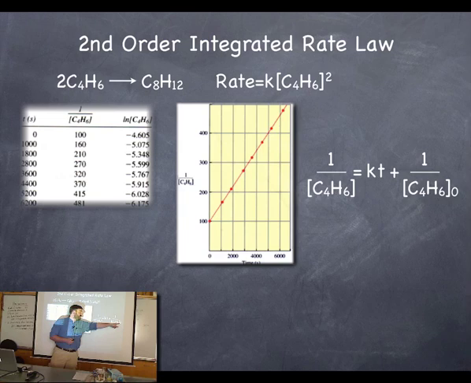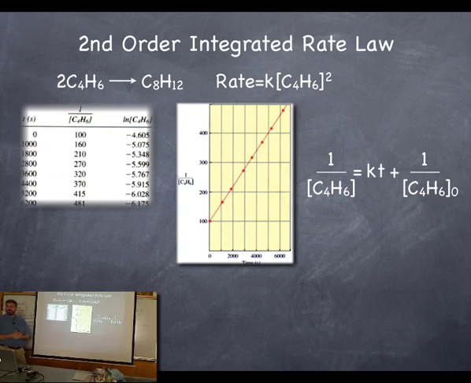Does the form of that equation look familiar to anybody? Y equals mx plus b. And does that make sense? Yeah, we got straight lines, so we should expect the equation to be the equation of a line, y equals mx plus b. When you say the inverse concentration, is that the inverse concentration log?